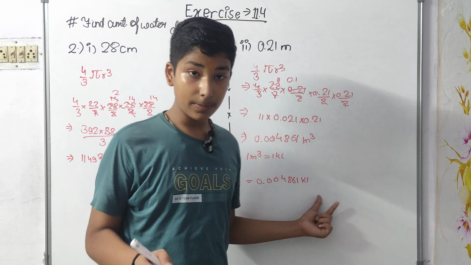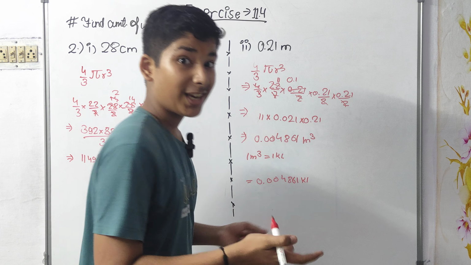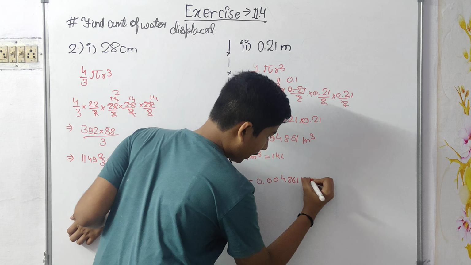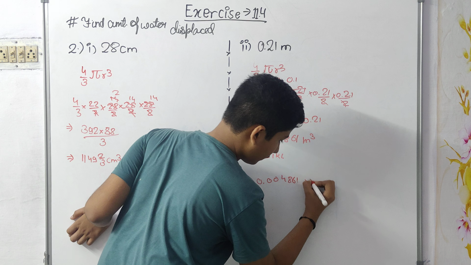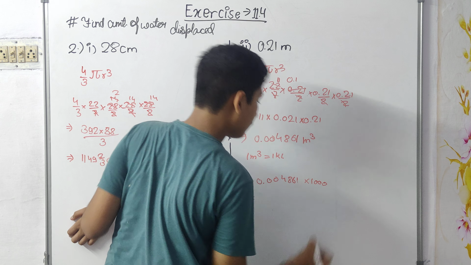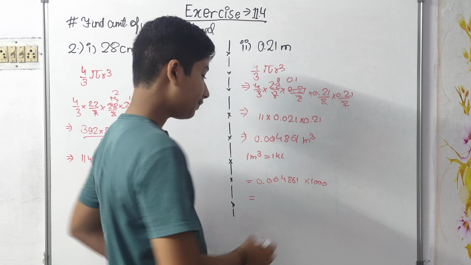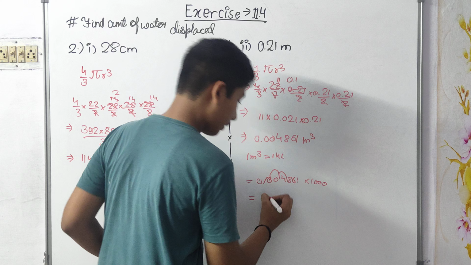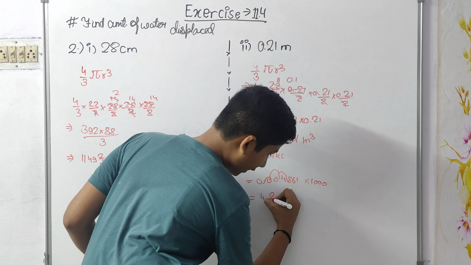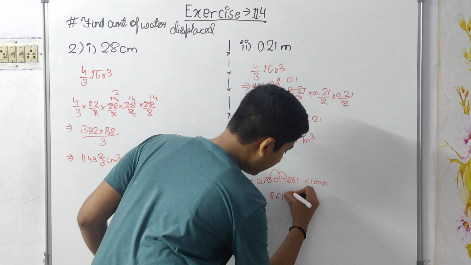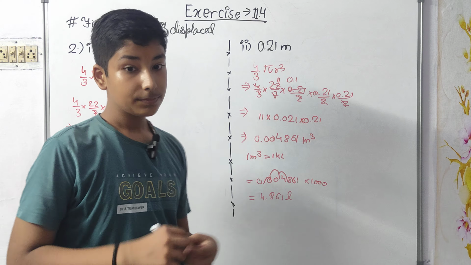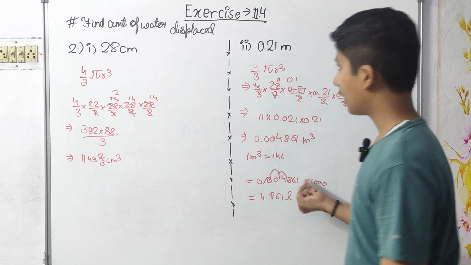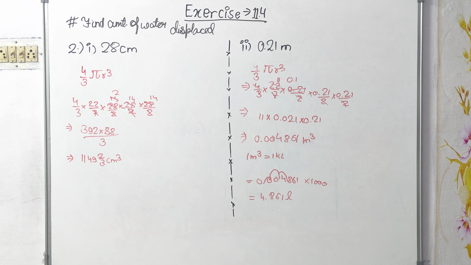And if you multiply it by 1000, you will get the answer in liters. So let's multiply it by 1000. Okay, 10, 100, 1000. 4.861 liters. Okay, now we will continue with the next question.